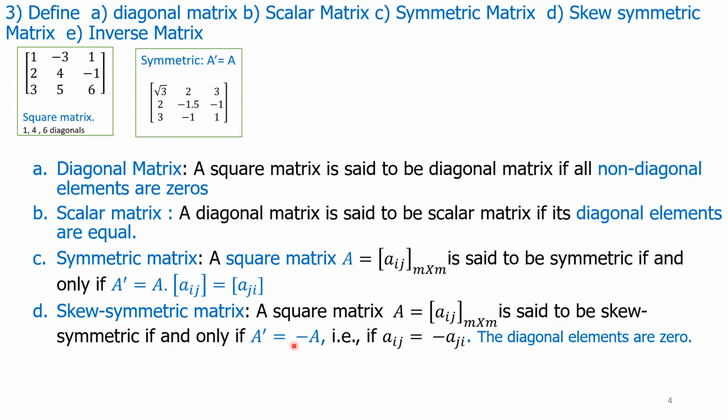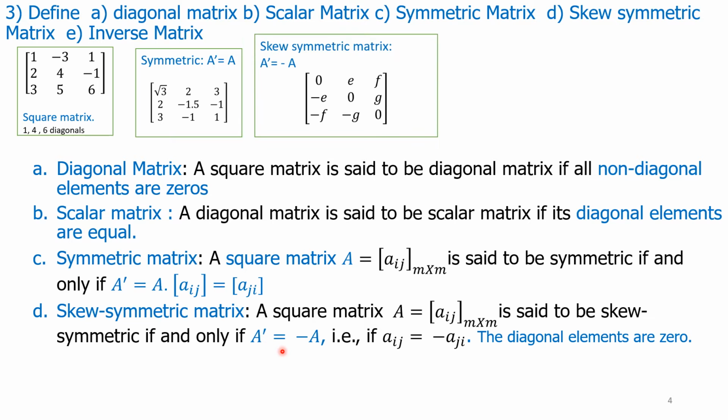The condition for skew symmetric is A dash equal to minus A, whereas for simple symmetric it is A dash equal to A. If there is a negative sign, then it is a skew symmetric matrix.